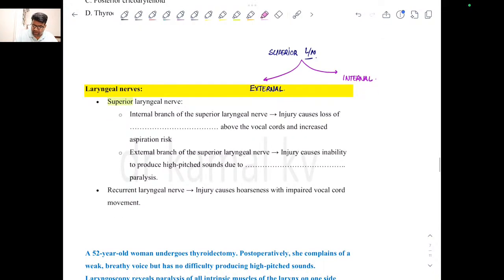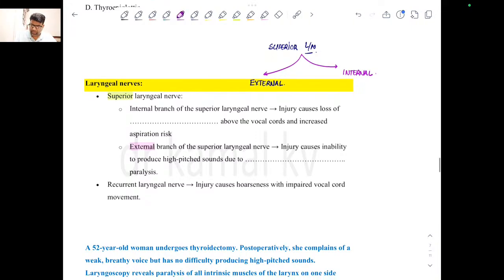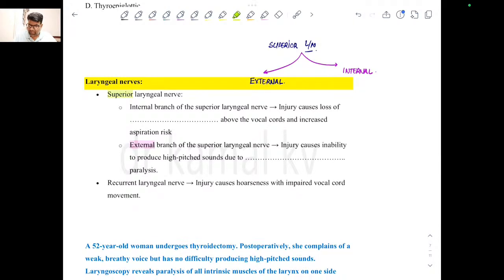Now for the external branch, we have already discussed which muscle it supplies. If that muscle is paralyzed, high pitched sounds cannot be produced. Which muscle is supplied by the external branch of the superior laryngeal nerve?